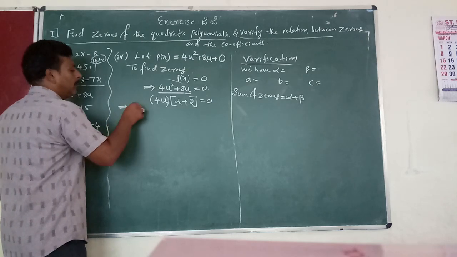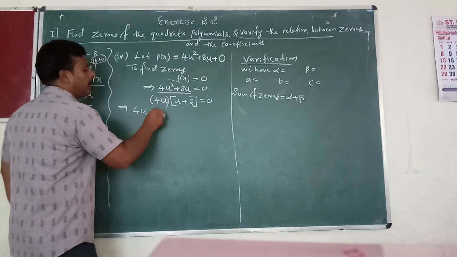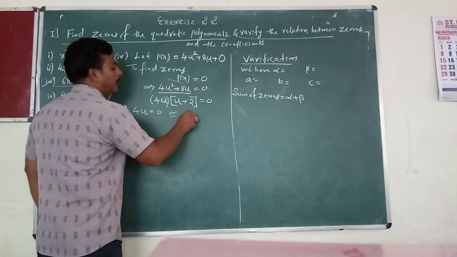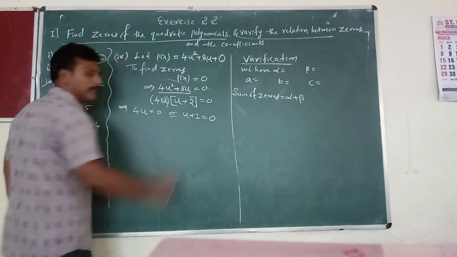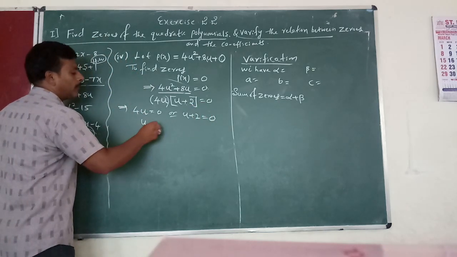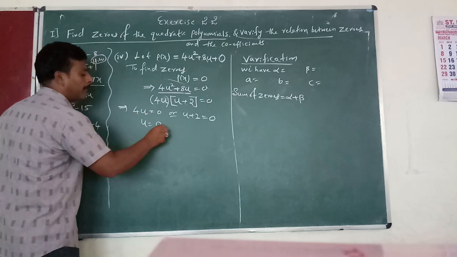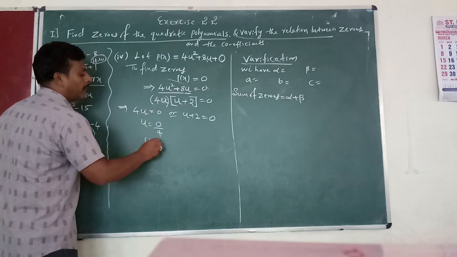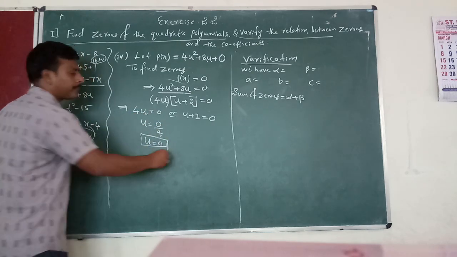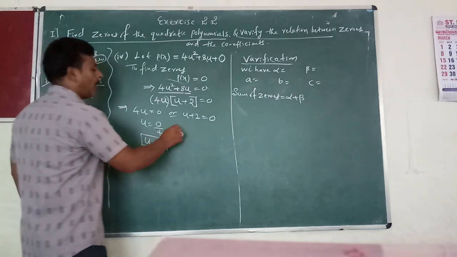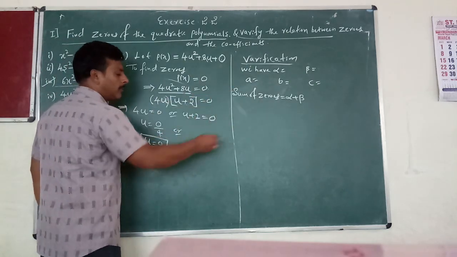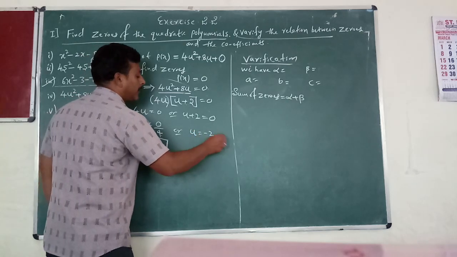So this implies 4u is equal to 0 or u plus 2 is equal to 0. So u is equal to what answer? 0. 4 will go by cross multiplication. Therefore u is equal to 0. And here plus 2 goes to the other side, so it becomes u is equal to minus 2.